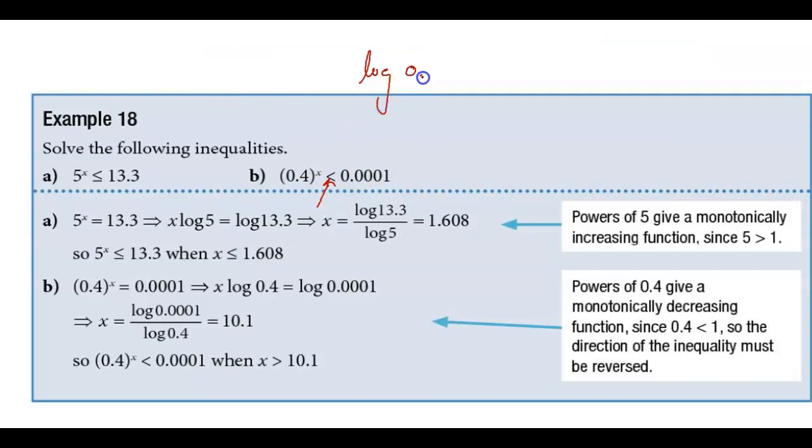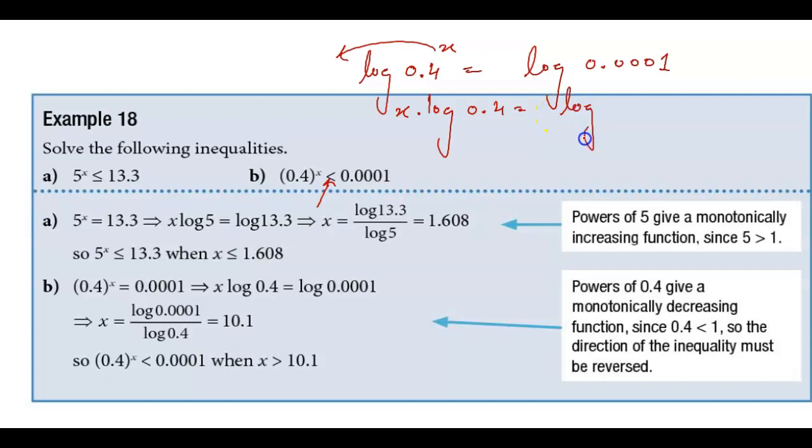Log of 0.4 raised to power x equals log of 0.0001. Taking log on both sides, the power comes this side, x comes on the left side, so you will be having x log of 0.4 equals log 0.001.